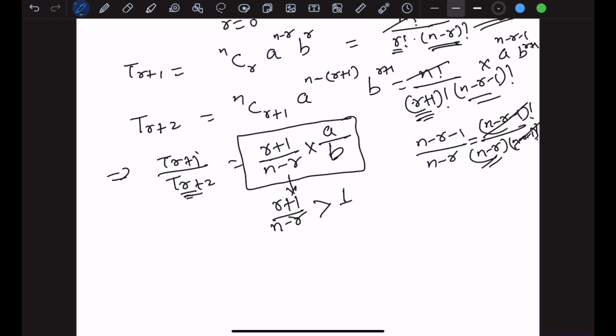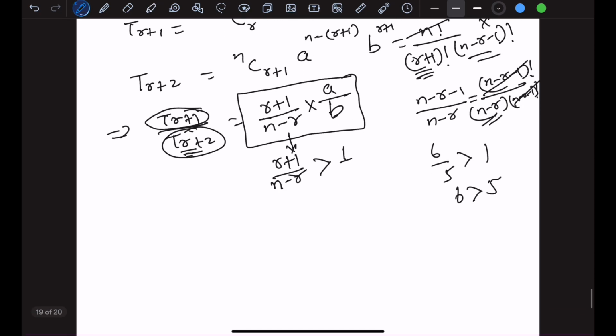Like 6 by 5 is greater than 1, that means 6 is greater than 5. So if (r plus 1) by (n minus r) is greater than 1, the rth term is greater than the (r plus 1) term. Or we can do it the other way around as well. If it's less than 1, then it will be the other way around.